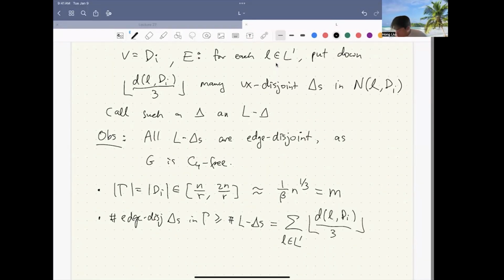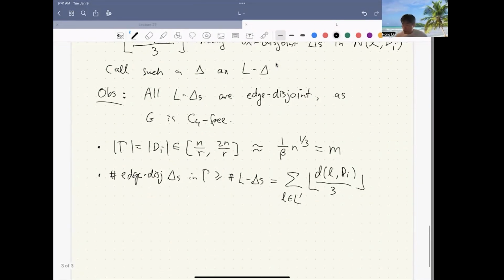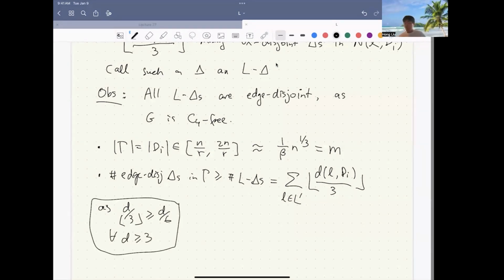Because the floor of d over 3 is bigger than d over 6 for any d at least 3, and this degree is at least 3 after cleaning, this is easy to prove.